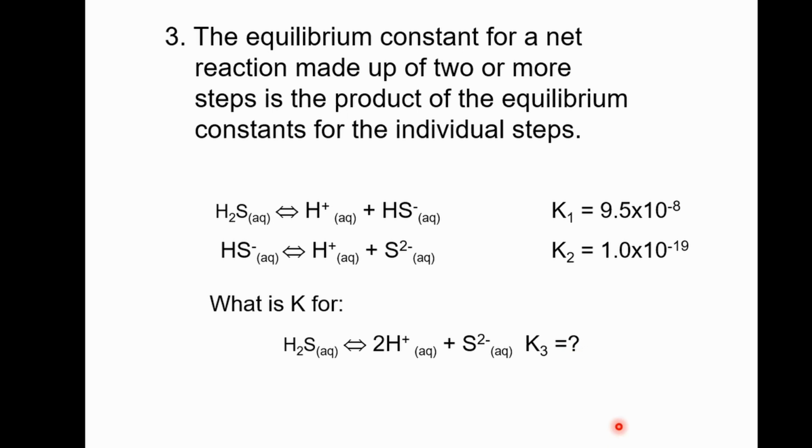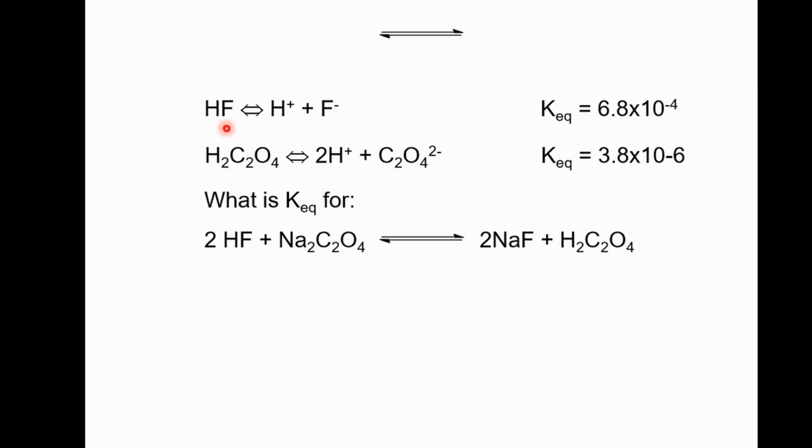It says it's the product, so if I multiply these two together, and you can see a very small equilibrium constant. So here's hydrogen fluoride giving the proton and fluoride. There's the equilibrium constant for this reaction. Here looks like oxalic acid giving me 2 protons and an oxalate ion. And here's the equilibrium constant with that.